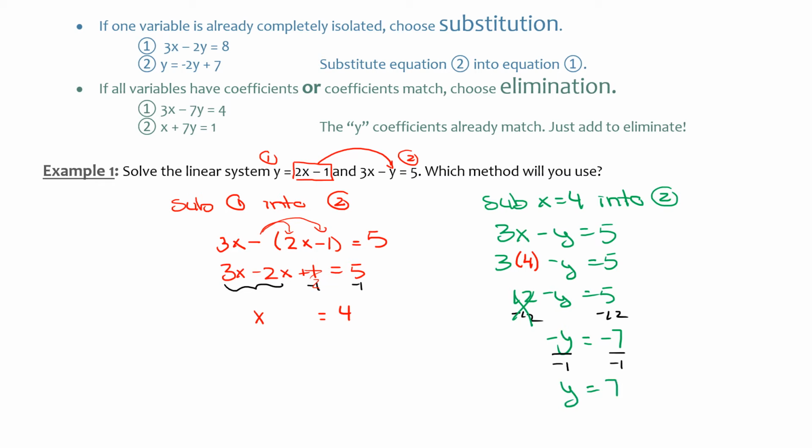The question said solve a linear system, so the solution is, therefore, you could write the point of intersection, but this question didn't use that vocabulary. It said the solution. So the solution, which is the point of intersection, is x is 4 and y is 7.